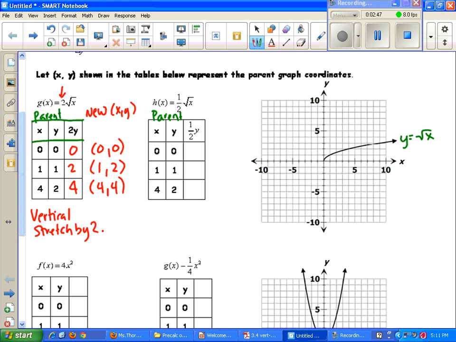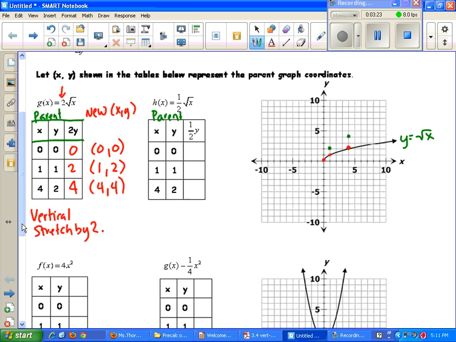If I look at this graph that I have here, again, I'm taking my y values and multiplying them by 2. A y value of 0 times 2 would be 0. Then I have a y value of 1 right here, so 1 times 2 gives me 2. The next value, which is right here, has a y value of 2, so 2 times 2 gives me 4.